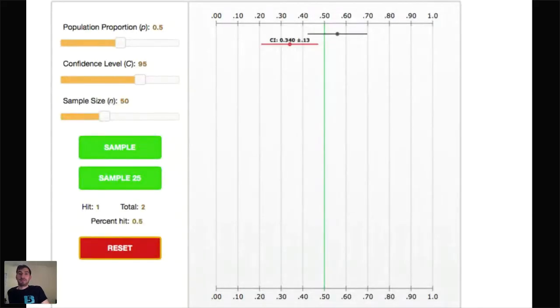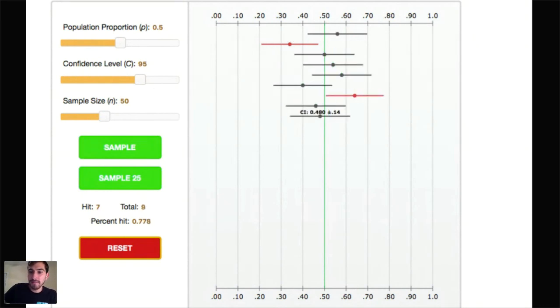So, oh, damn, that was sooner than I thought it would be. We just got a confidence interval that missed. Our p-hat was so low, 0.34, so far away from the true answer, that even with a margin of error, it didn't actually contain the correct answer. Now, I shouldn't expect that to happen a ton. Wow, this is happening.